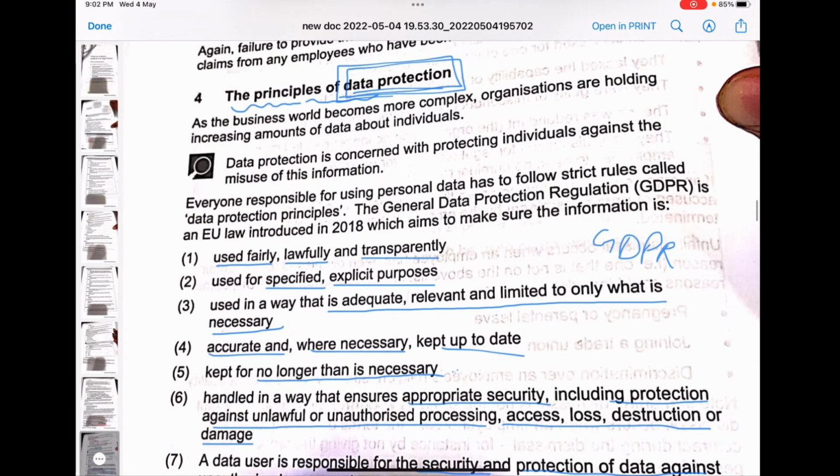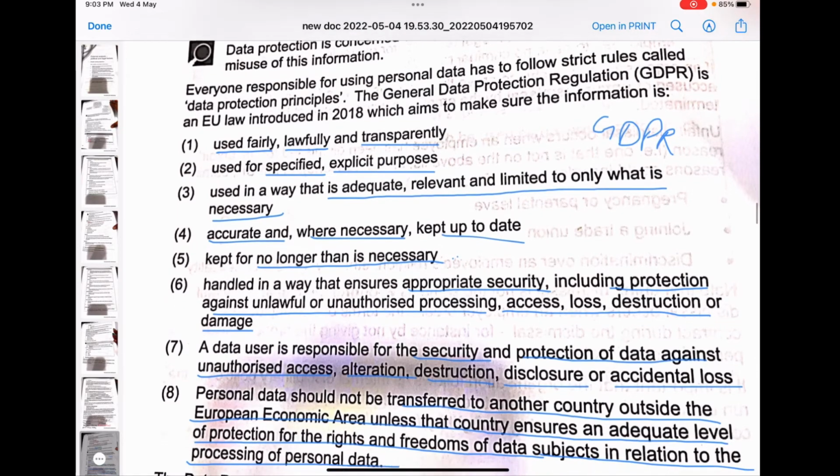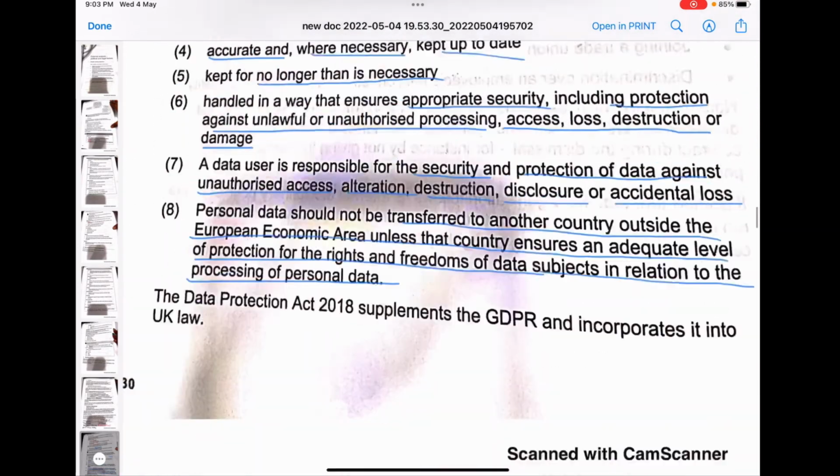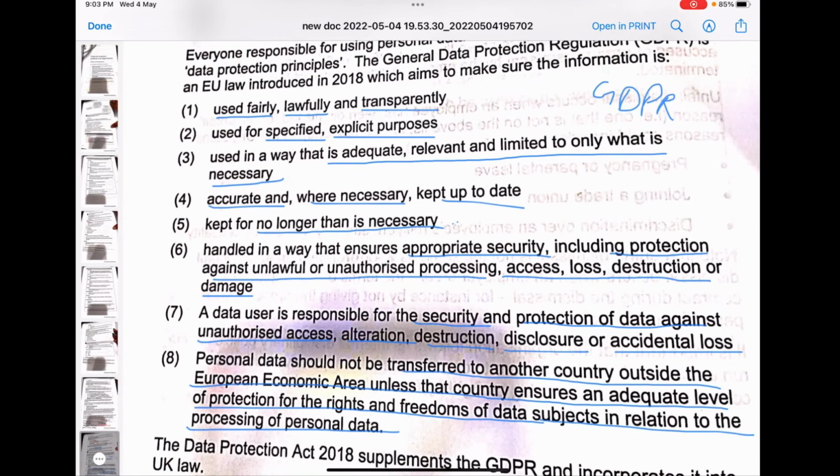So, what we've just seen is data protection. So, the GDPR, the General Data Protection Regulation, is an EU law introduced in 2018 which aims to make sure that these are the reasons which we've read.